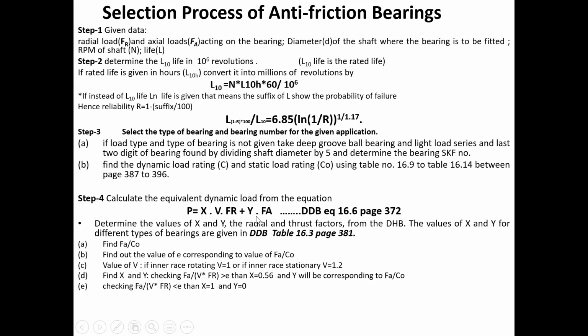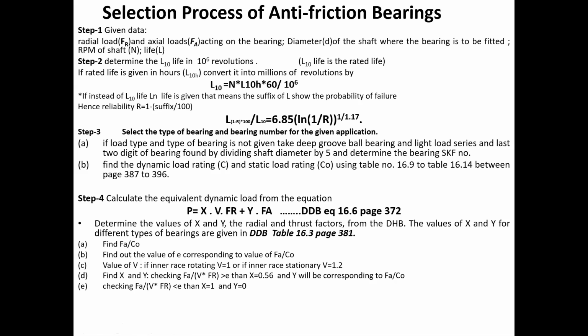So the procedure of finding X, V and Y is hidden in this table 16.3. We will see how we can calculate X, Y and V to find the dynamic equivalent load for a rolling contact bearing.